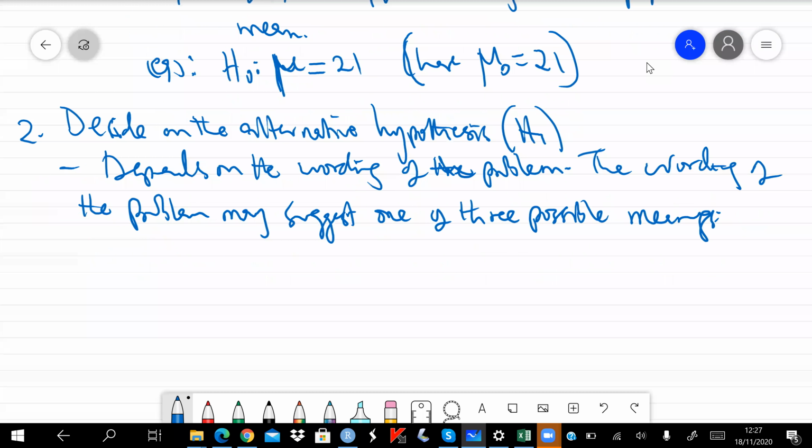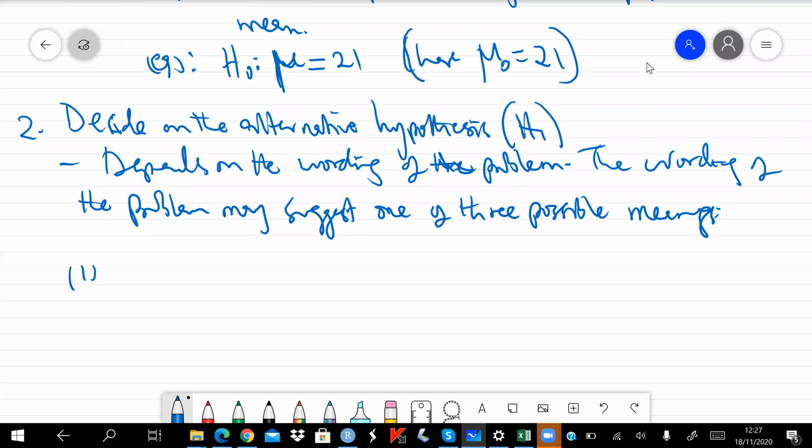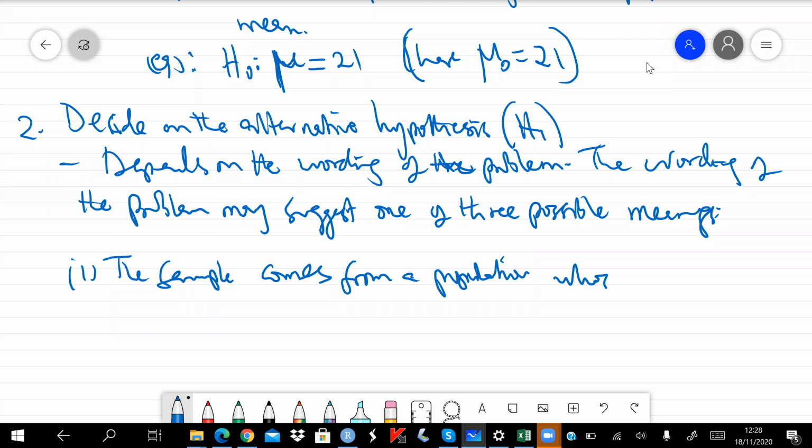So Roman number one possible meaning is, if you want to test whether the sample comes from a population whose mean is not equal to mu naught.